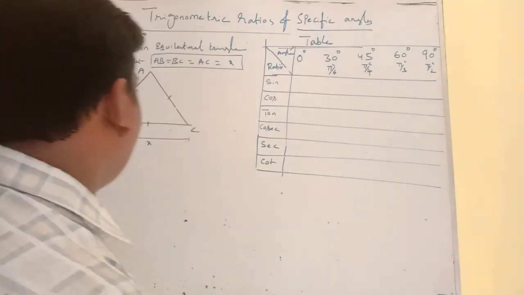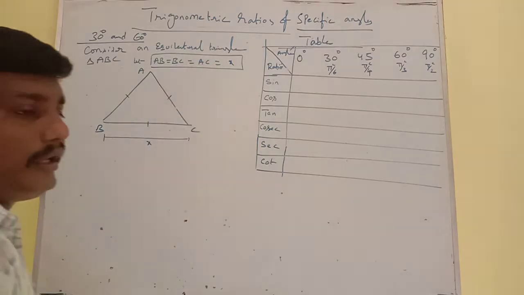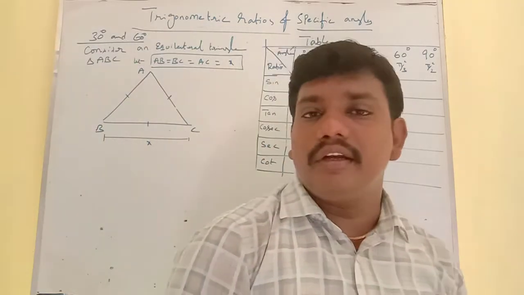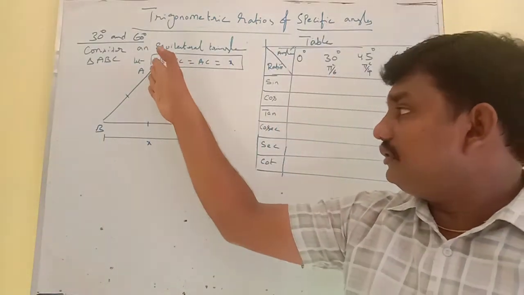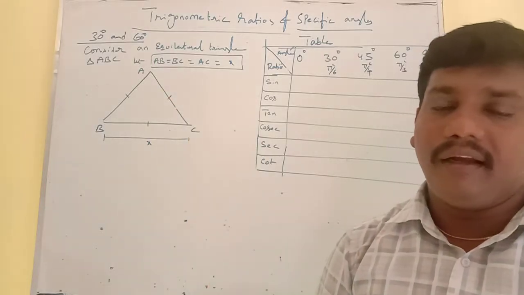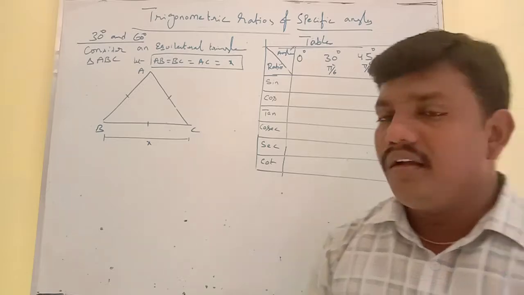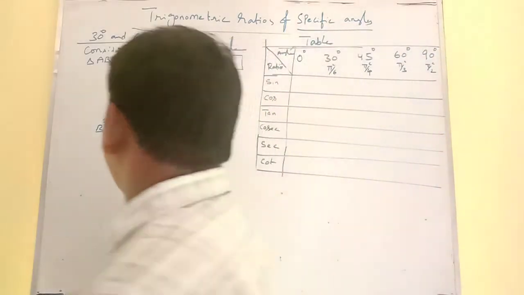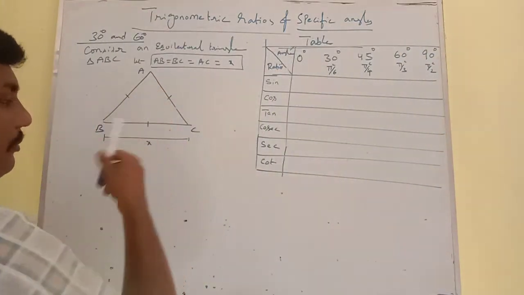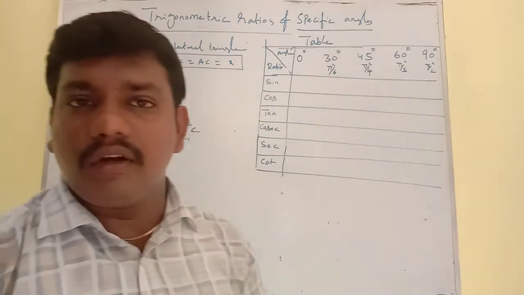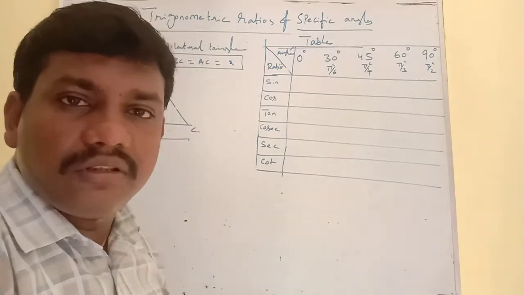In trigonometric ratios we need a right angle triangle, so we have to find the trigonometric ratios for a right angle triangle. That is why we draw a perpendicular from the vertex to the base. When I draw a perpendicular from the vertex to the base, it becomes an altitude.